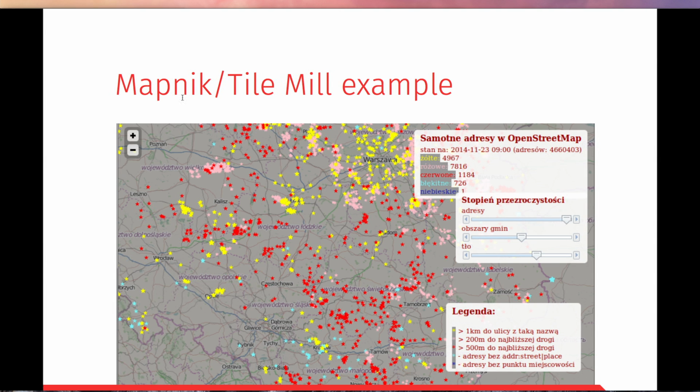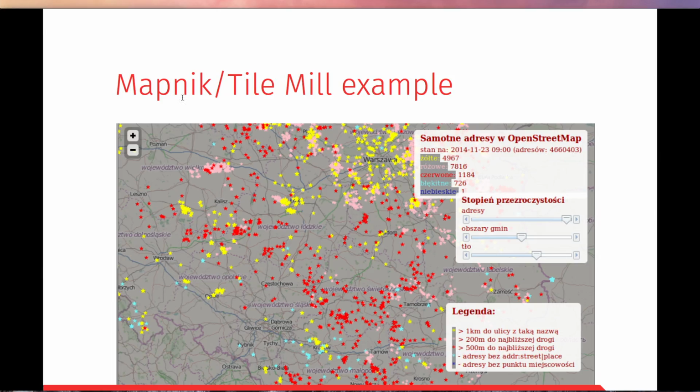This is another example, using Mapnik and Tilemill. If you have a lot of data, and this is probably 20,000 stars on this map, it's not worth marking each with a marker. You can just generate an image using Tilemill and use it as an overlay over the map.